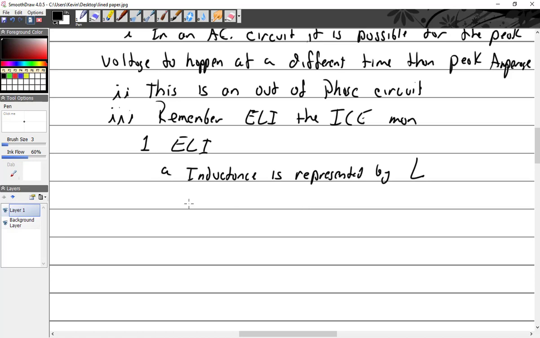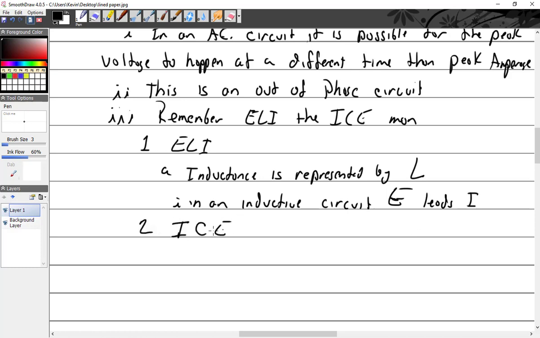Inductance is represented by L. So in an inductive circuit, E leads I, because E comes first. So current is going to lag behind, voltage is going to lead it.